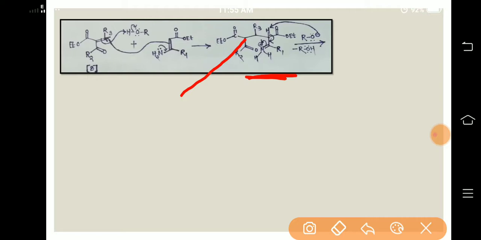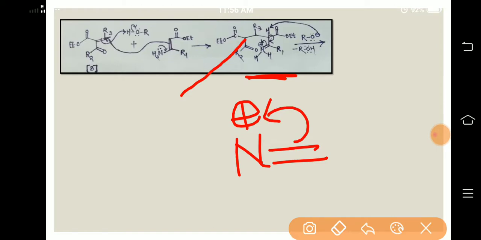So to stabilize this positive charge or to neutralize itself, nitrogen will pull the pi electron pair toward itself.